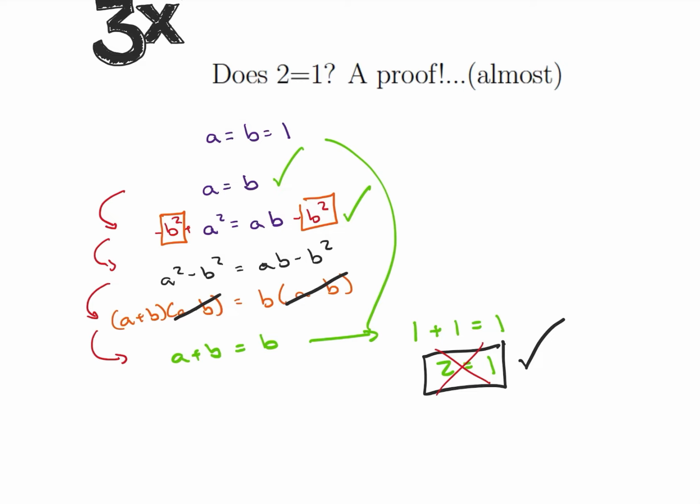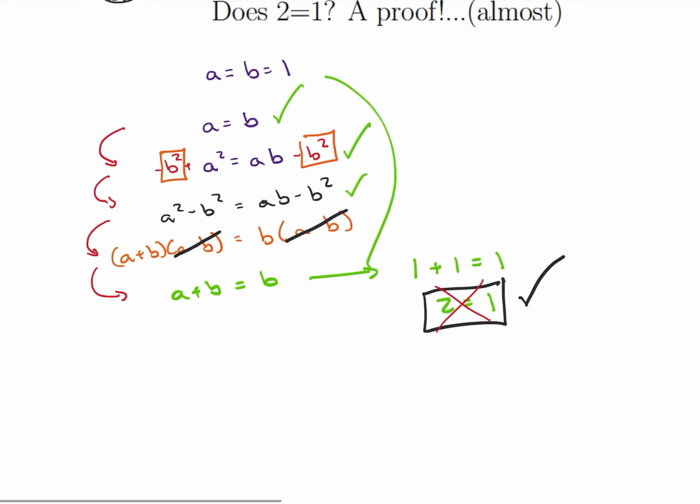So let's look at this next step. Now what I'm doing is I'm taking a squared minus b squared equals ab minus b squared. I really didn't do anything new. I just rewrote it. Then I went ahead and factored, so I guess this is 2 steps. So am I allowed to factor this and say a plus b times a minus b is equal to b times a minus b?